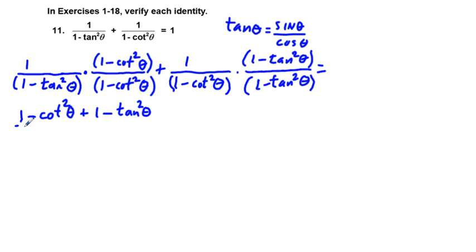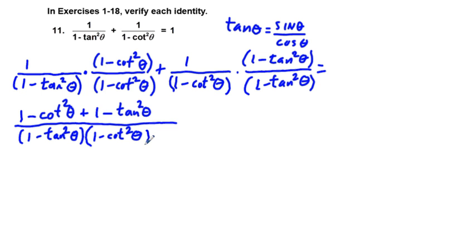And then we're going to rewrite this over our now common denominator, which is going to be quantity 1 minus tangent squared theta times quantity 1 minus cotangent squared theta. And that's as far as we can go there for this step.